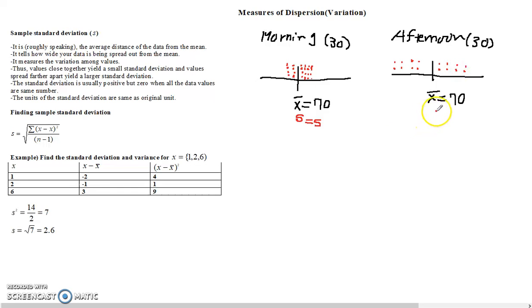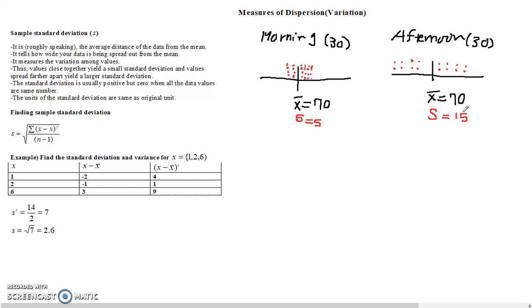So I calculate that s equals maybe 15. So by looking at the sample mean alone, x bar equals 70, you don't see this type of information unless it is given to you, right?